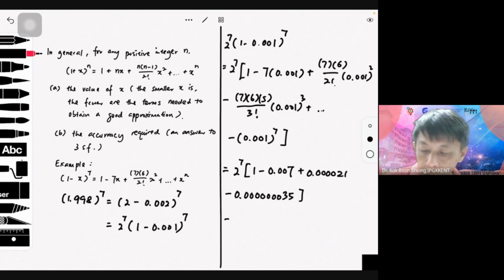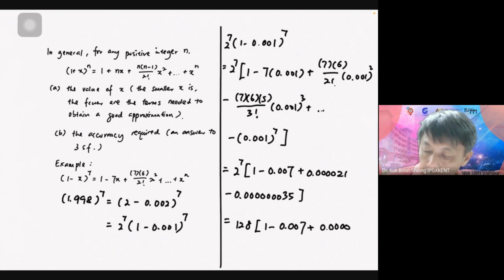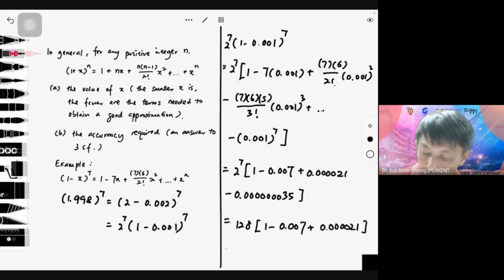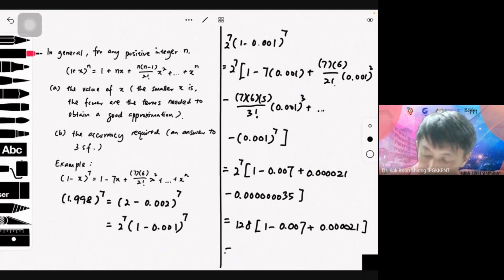Because we only consider 6 significant figures, this could be equal to 128 times (1 minus 0.007 plus 0.00001). So the answer is 127.107.